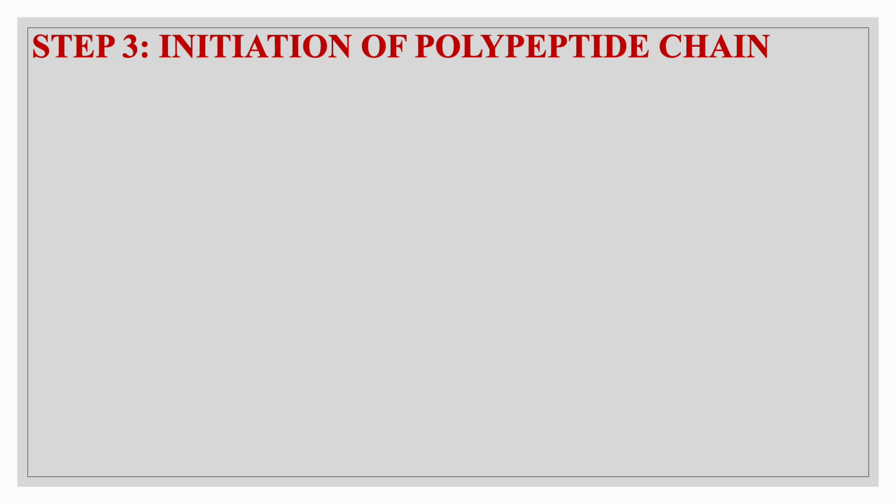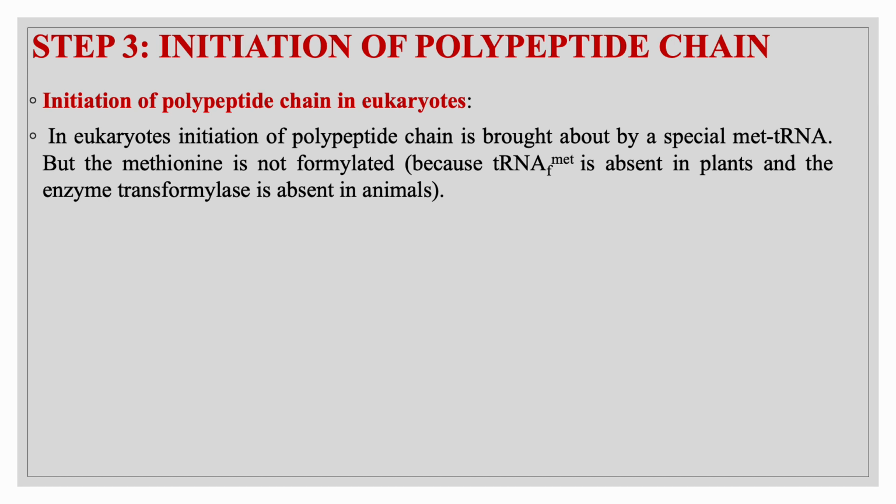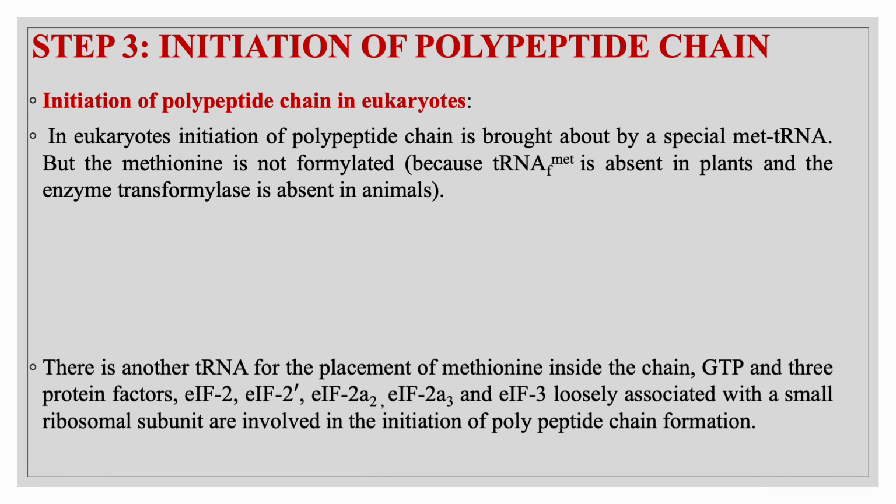In case of initiation in the eukaryotes, it takes place or is brought about by a special Met tRNA, but the methionine is non-formylated because tRNA F-met is absent in plants and the enzyme transformylase is absent in animals.